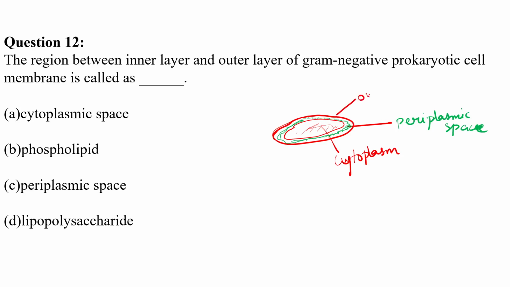So this is the outer membrane, and this is the inner membrane. The space between the inner and outer membrane is the periplasmic space, and the space inside the inner membrane is the cytoplasmic space. So the difference between cytoplasmic space and periplasmic space is clear to everyone.